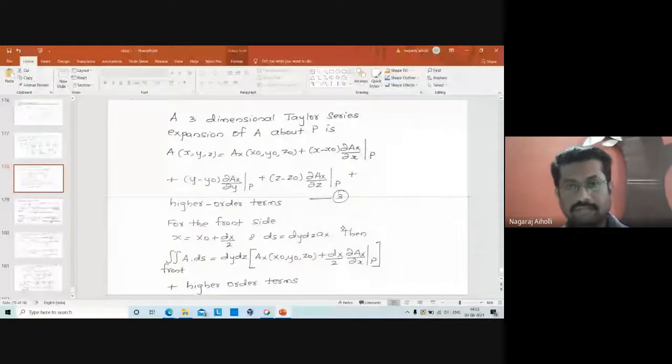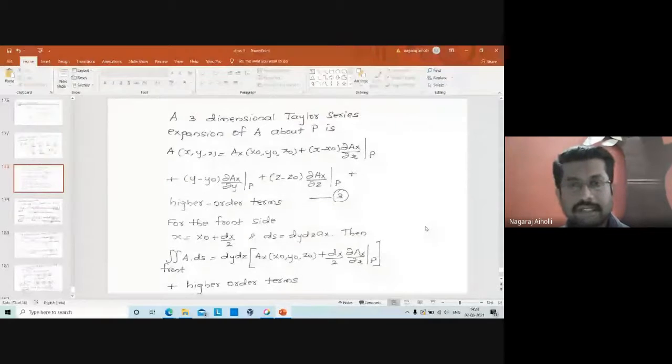Right. A three-dimensional Taylor series of the vector A about the point P: if you want the Taylor series expansion of A about the point P, we apply the Taylor series.